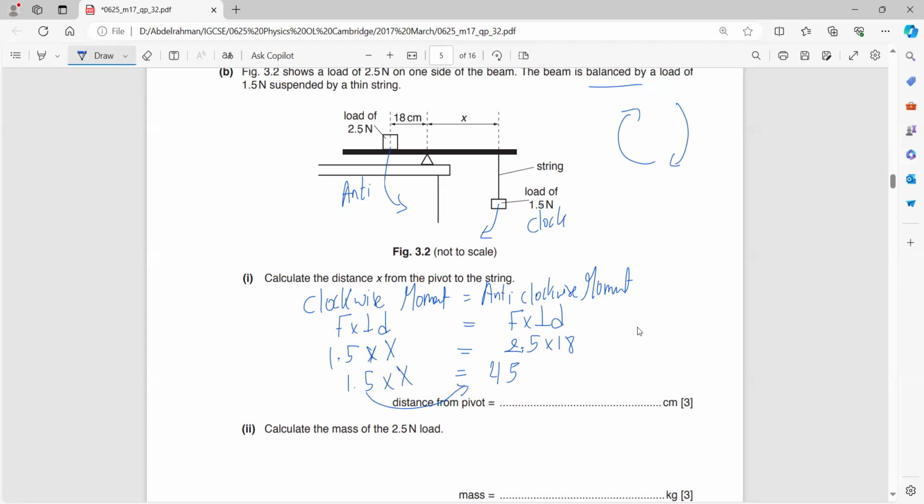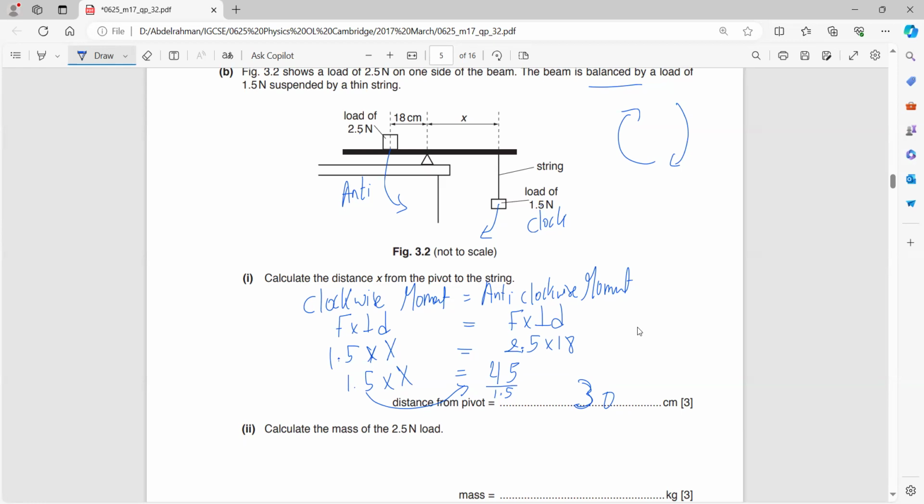I will divide 45 divided by 1.5, which is 30 centimeters. It's a very simple equation. Just need to understand that we have clockwise moment and anti-clockwise moment. For it to be balanced, for it to be in equilibrium, the clockwise must be equal to the anti-clockwise moment.